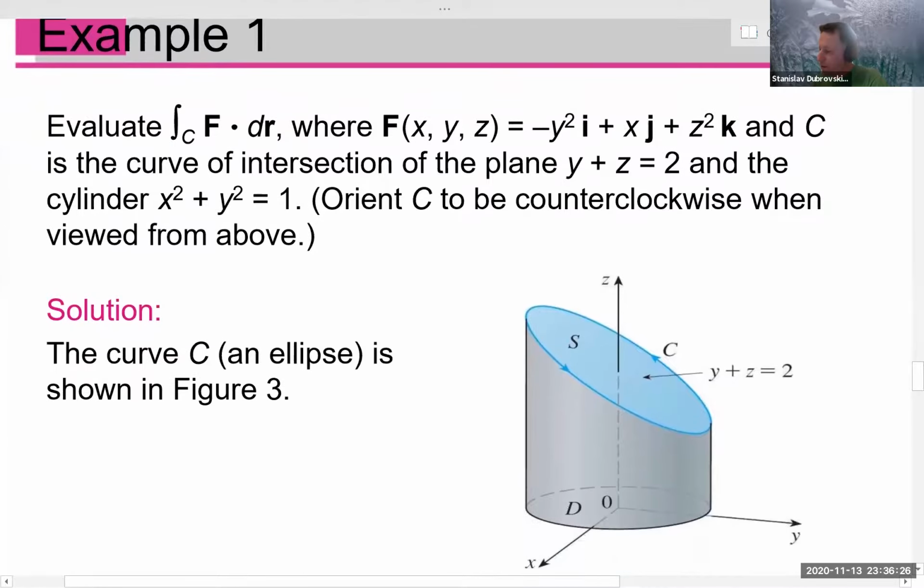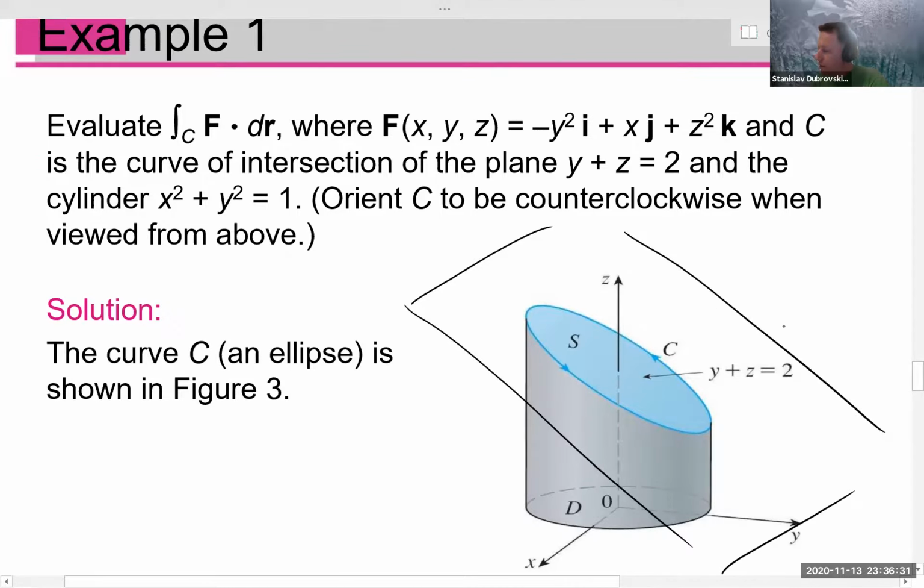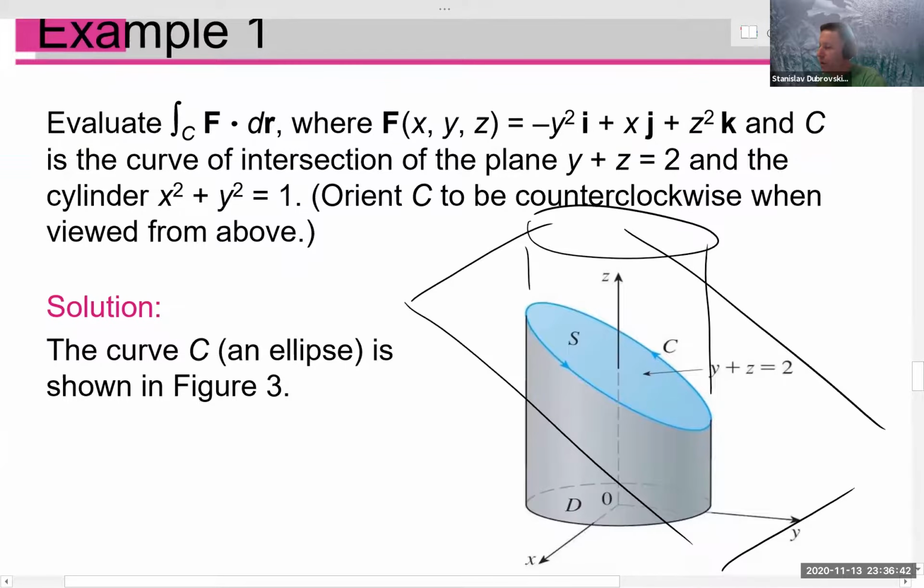If we intersect the z plus y equals 2 plane with the cylinder, then we will see this surface bounded by what looks like an ellipse. And we have to find the integral over this ellipse of this vector field. So in other words, we want to find the work of this vector field over this ellipse. It's not a big deal to parameterize this ellipse and find it directly.